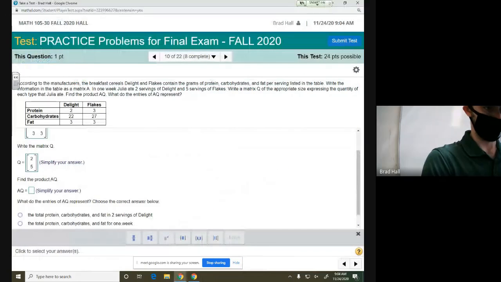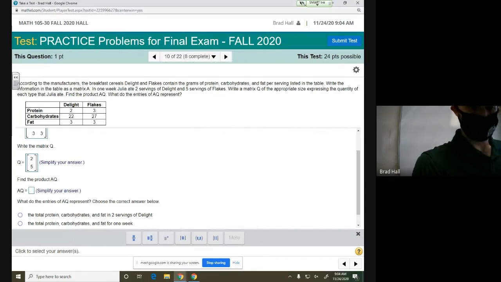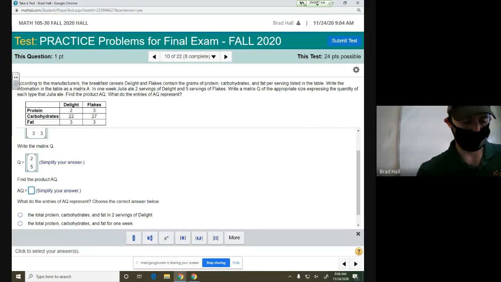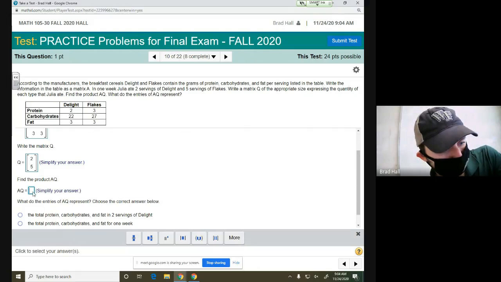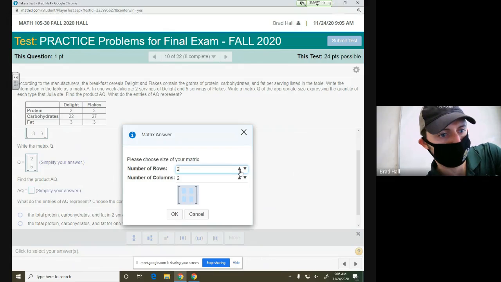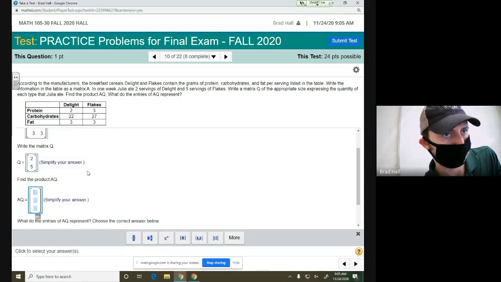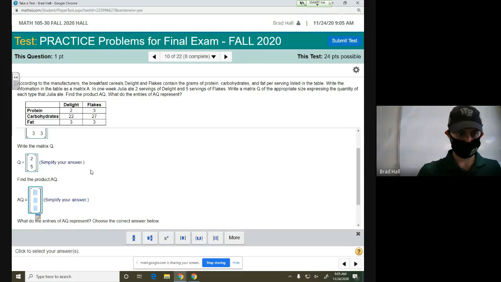Okay. So the product A times Q, did you figure it out already, Olivia? 19. 1 second. What's the size? 3 by 1. 3 by 1? Okay. So what are they? 19, 171 and 21.